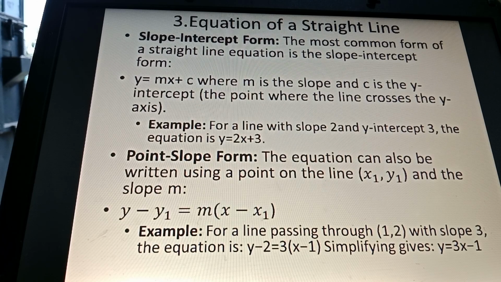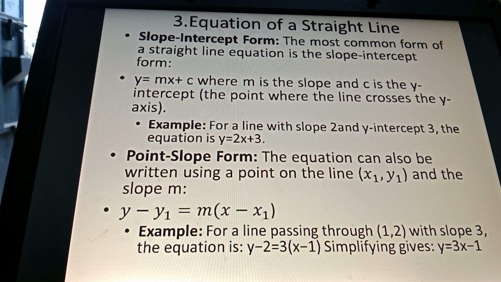Equation of a straight line. Slope-intercept form. The most common form of a straight line is the slope-intercept form, and it is represented by y equals mx plus c, where m is the slope and c is the y-intercept.